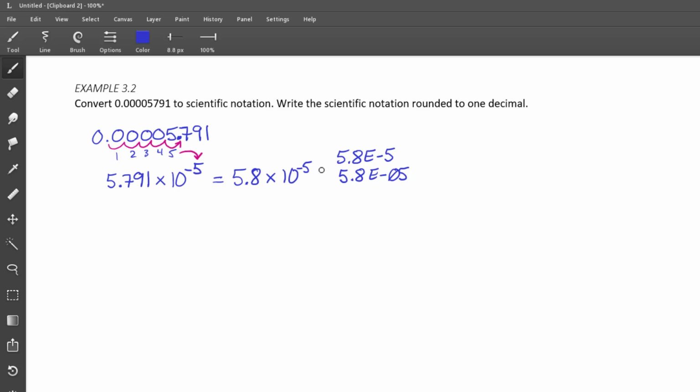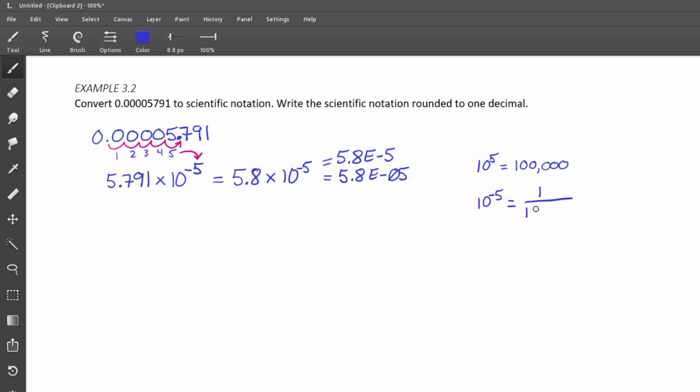So these are equivalent. Before we back out of this and see how the hopping works in the other direction, let's talk about what 5.8 times 10 to the negative 5th means mathematically by talking about what 10 to the 5th means mathematically. So 10 to the 5th power is 100,000. And what it means when you put a negative sign on an exponent, 10 to the negative 5th now, is that you take 1 over whatever that number was.